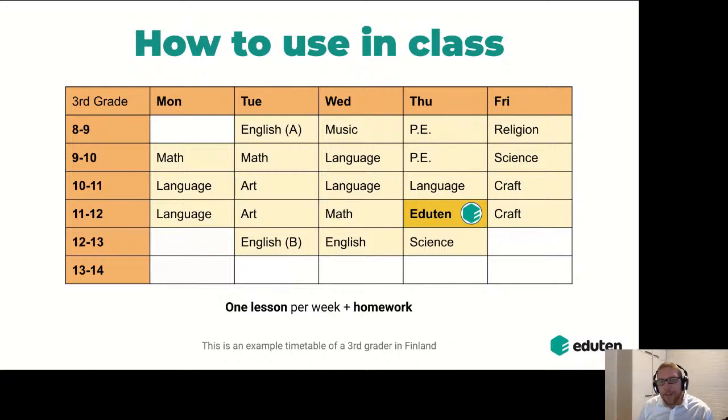Some days just 3 hours, some days 5 hours, but still every day stops at 1 o'clock. That might be short, but that's just an example. The key thing is that there is an Eduten lesson in the timetable fixed every Thursday from 11 to 12. So students know that every Thursday during that lesson we will work on Eduten Playground.